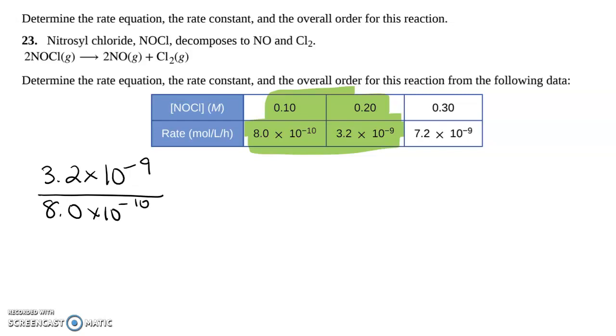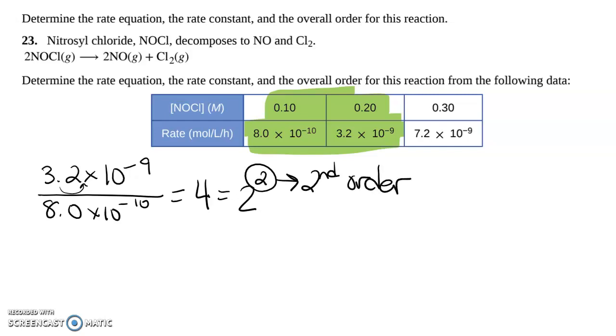This is where you want to be careful about your exponents, because even if this was a calculator inactive portion, you should be able to recognize this is basically giving you the same thing as 32 over 8. So you're going to get 4, which is 2 to the second power, and therefore that means that this is a second order reaction. Okay?